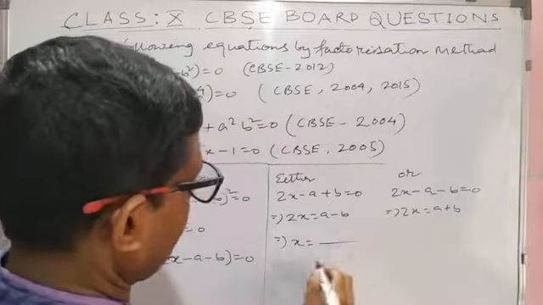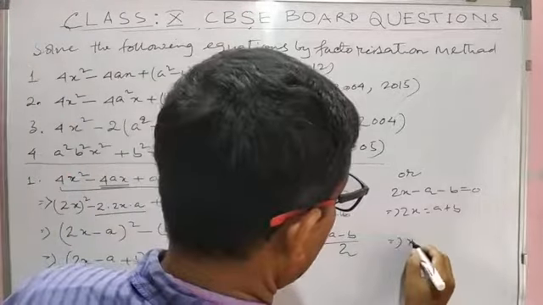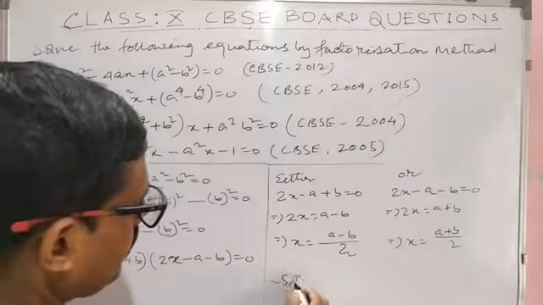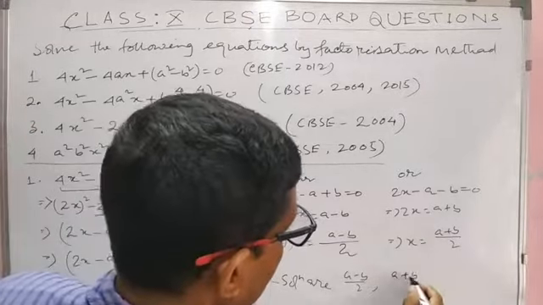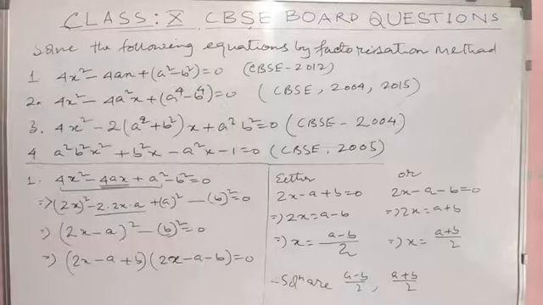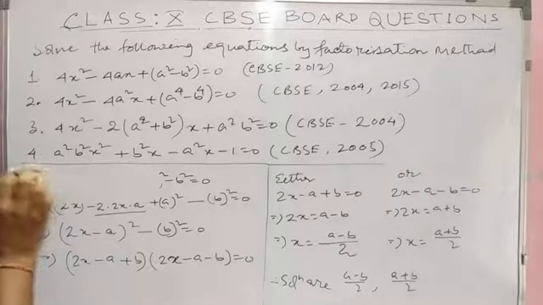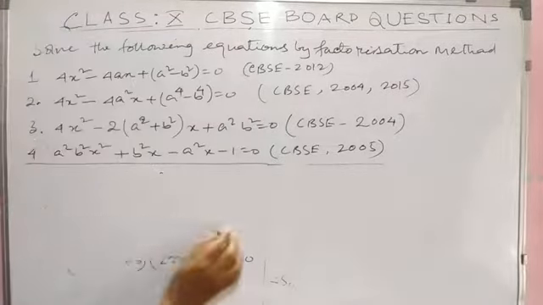So this implies that x equal to (a minus b) by 2, and this implies that x equal to (a plus b) by 2. Therefore the solutions are (a minus b) by 2 and (a plus b) by 2. So next you see, this is number one. Let us see now number two. See how to do number two. Number two is given.